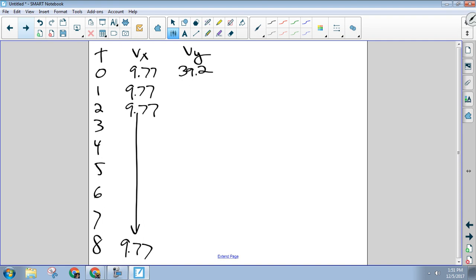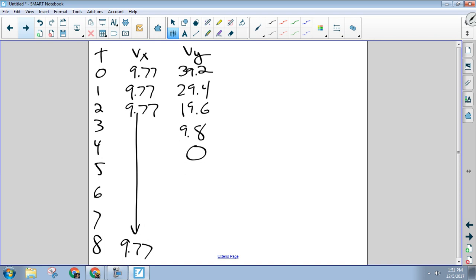Everybody good? So how do I fill in this column, you guys? Just keep subtracting 9.8, right? So you get 29.4, 19.6, 9.8, 0. Why is that point important? That's when your vertical velocity is 0.